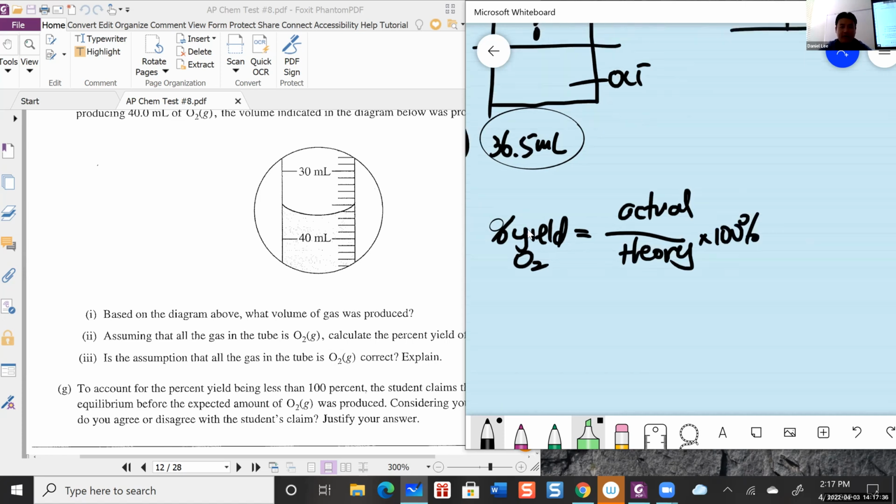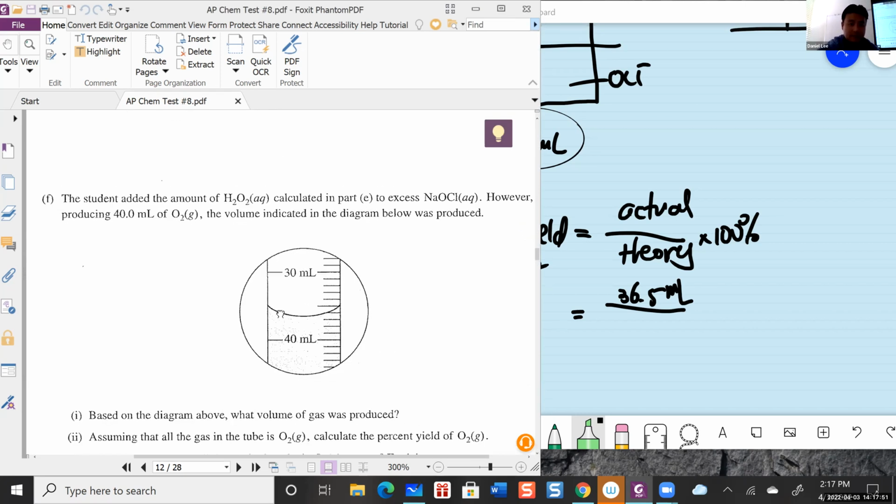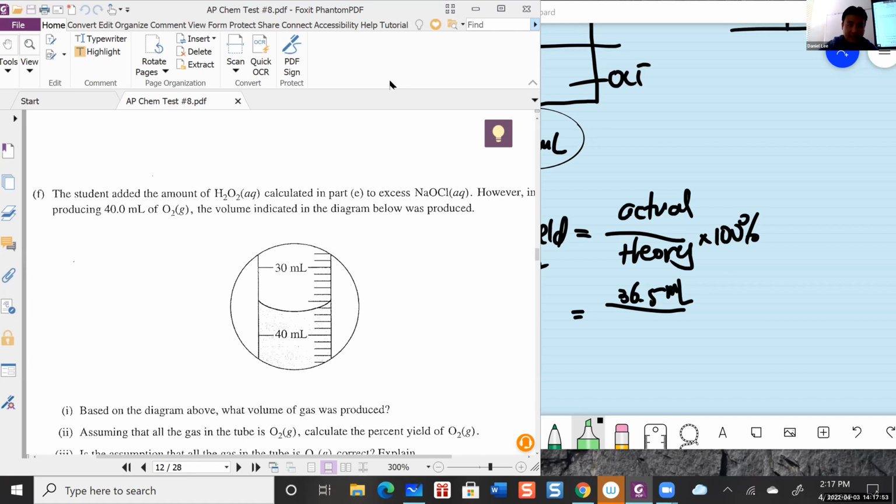So what we're reading here is actually the actual yield, 36.5. You can use mL, because mL is proportional to the amount of oxygen. But what are you supposed to get? You're told right here in part F, you're supposed to get 40 mL. You only got 36.5.